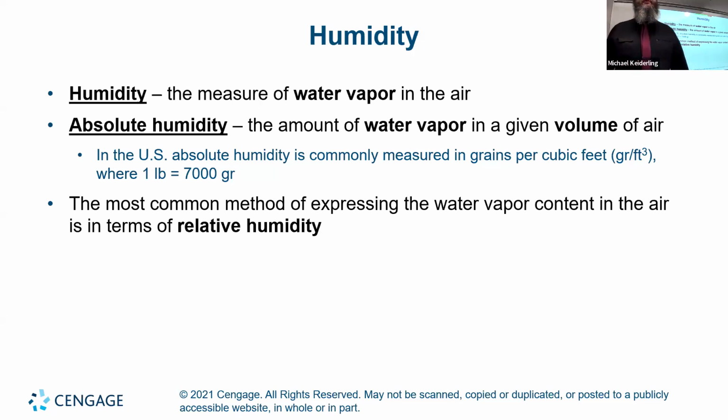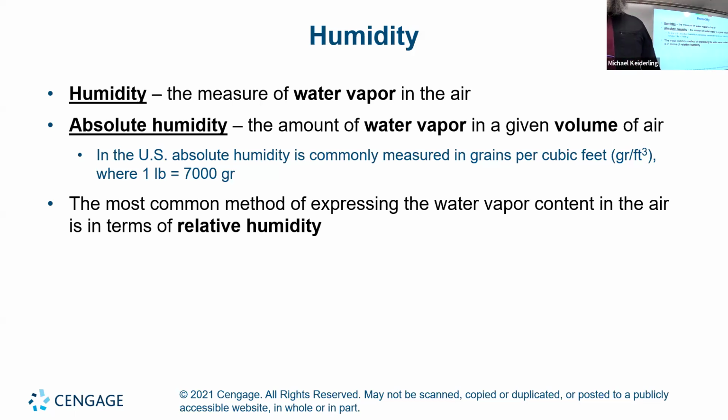And the most common method of expressing water vapor content in the air, however, is in terms of relative humidity. Relative humidity is a measure of how full the air is of water. It's the ratio of how much water is in the air to the maximum amount of water the air can hold. So if the humidity is 50%, the air has got half of its capacity filled.